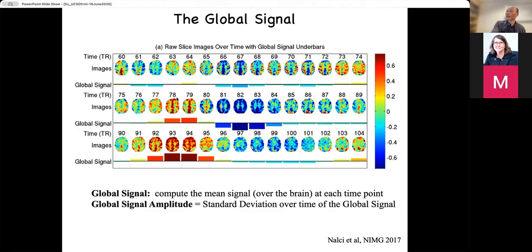When there's a lot of positive signal, the global signal will be positive. And when there's a lot of negative global activity, the global signal will be negative. So it's a very simple signal to compute, and for better or worse, it's still around. People are still using it.